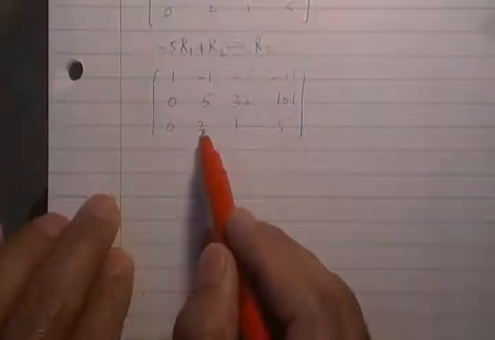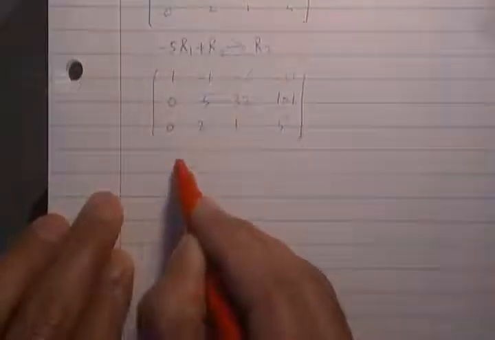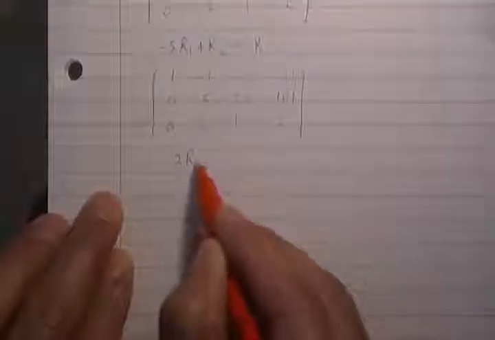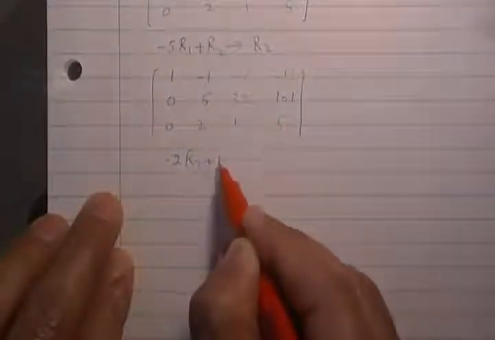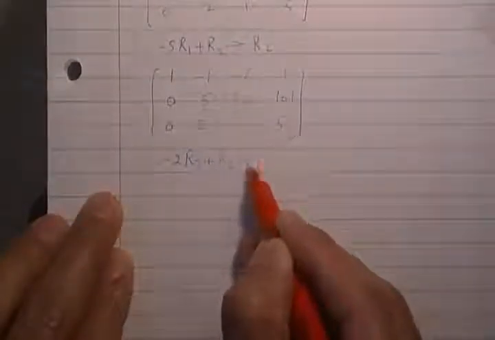To avoid fractions, we multiply by negative 2 and add it to row 2. So negative 2 times row 3 plus row 2 is the new row 2.